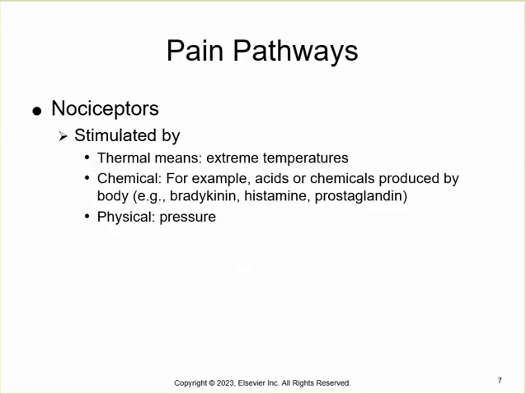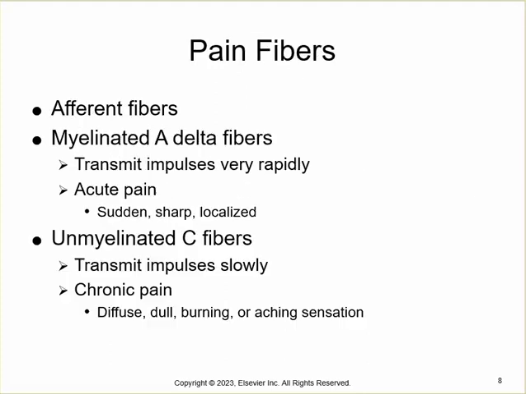Okay, so whatever the stimulus is, it's going to stimulate these pain receptors, and that's going to set off an action potential in the afferent fibers, the nerve fibers that are dedicated to pain.